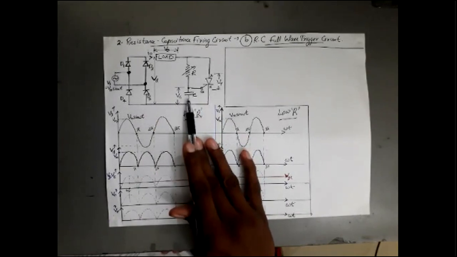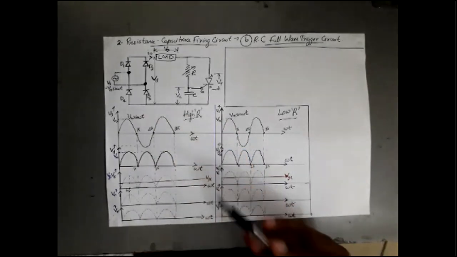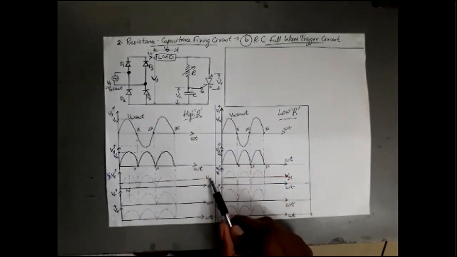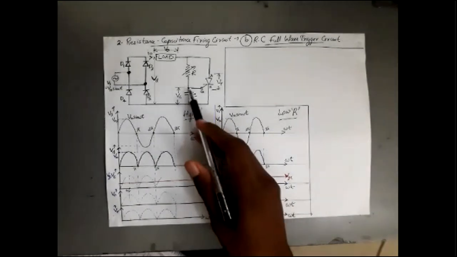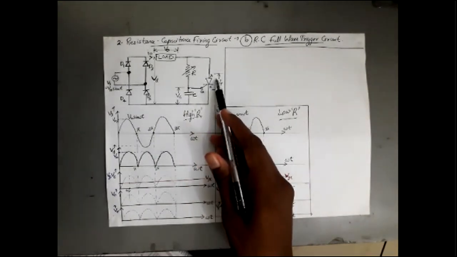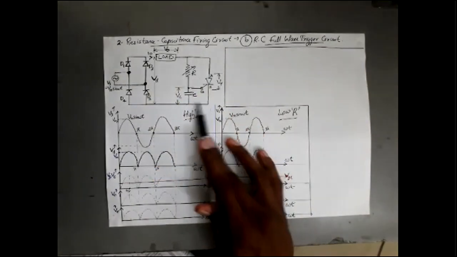And when this VC becomes equal to my VGT, that is the minimum gate voltage required to trigger my thyristor, what happens? My thyristor gets triggered and the current I naught will be flowing through my thyristor.